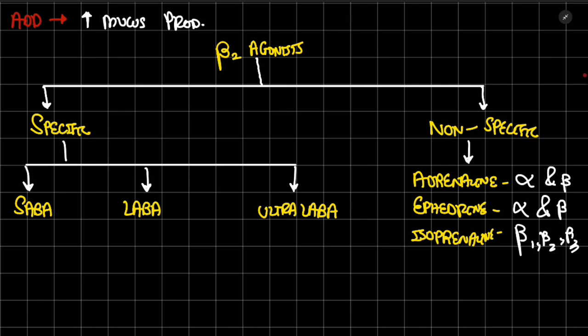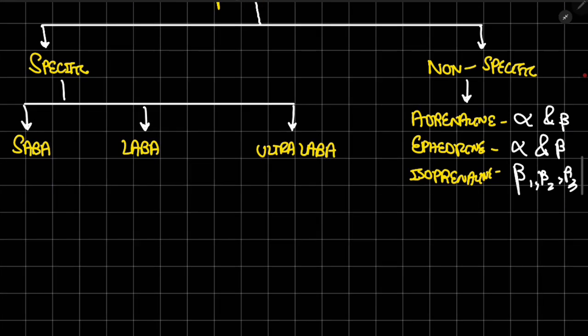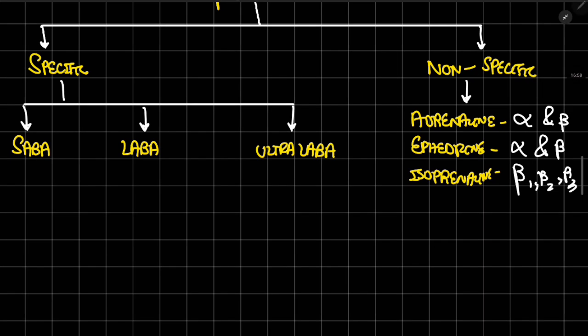Now adding to this, in specific beta 2 agonists, SABA is shorter in onset of action and shorter in duration. Roughly, that is the graph.